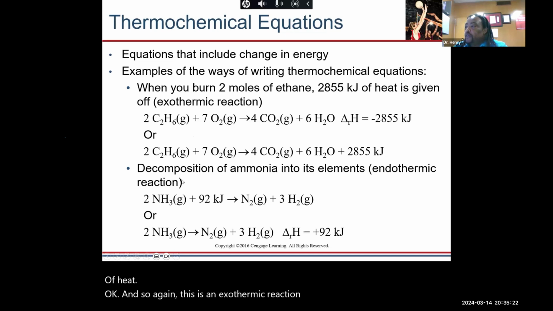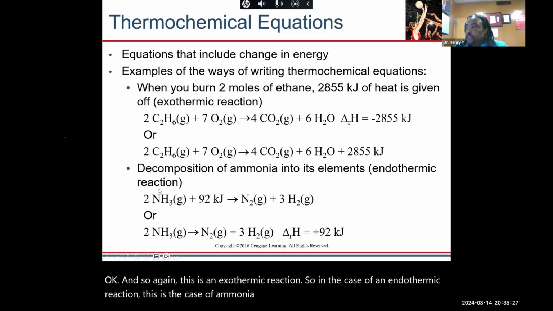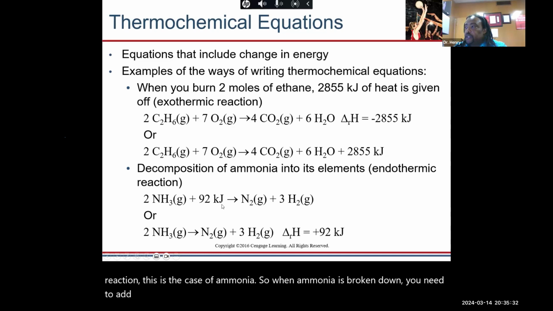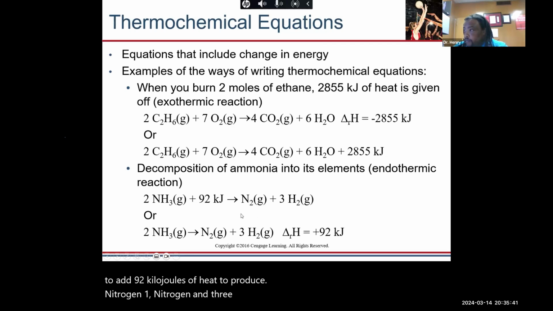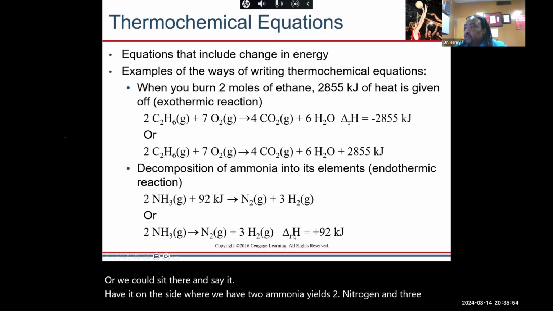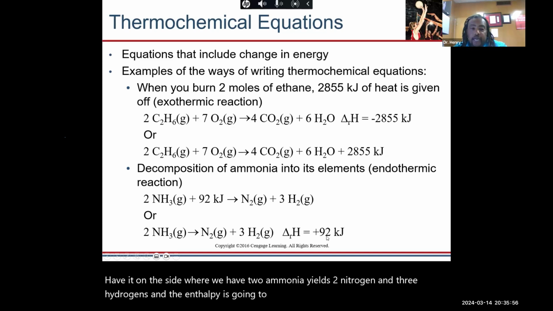In the case of an endothermic reaction, take ammonia. When ammonia is broken down, you need to add 92 kilojoules of heat to produce 1 nitrogen and 3 hydrogens. Or we could have it on the side, where we have 2 ammonia yields 1 nitrogen and 3 hydrogens, and the enthalpy is going to be plus 92 kilojoules.